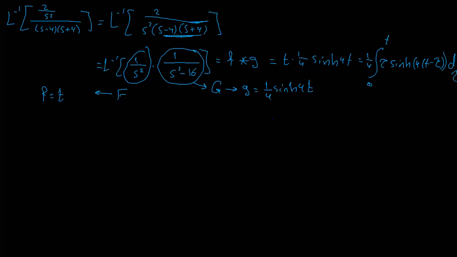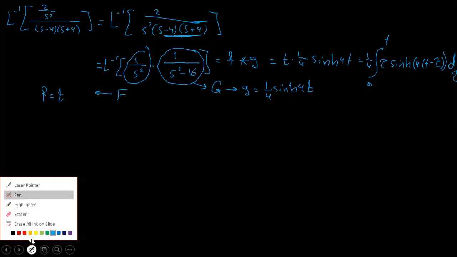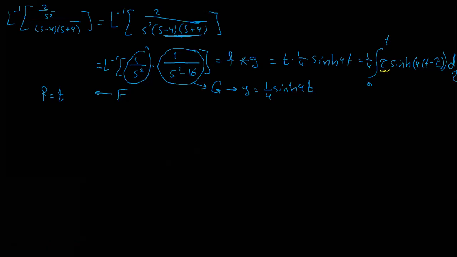How to integrate this product now? Do you remember? This one is your u, and this one is your dv, and you will write u times v minus integral v du.